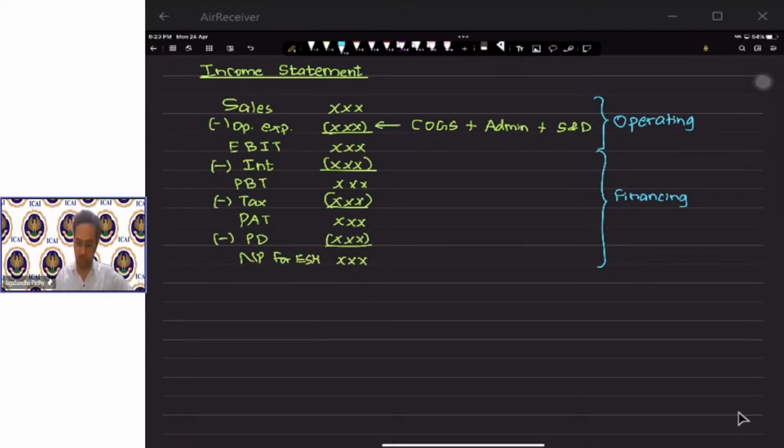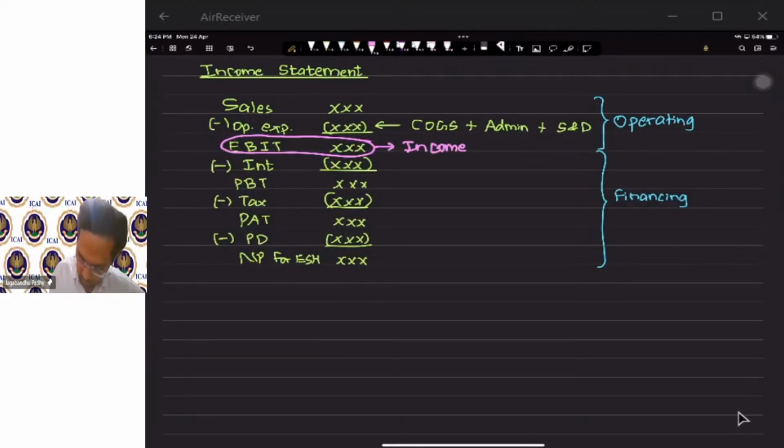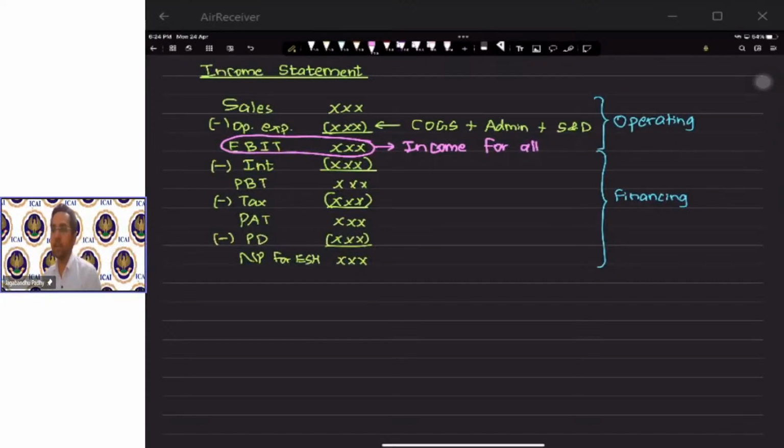This financing part is affected by how much interest you are paying and how much preference dividend you are paying. Understand that this particular number, EBIT, is income for all. So EBIT as a figure is the income available for equity shareholders, debenture holders, and preference shareholders.